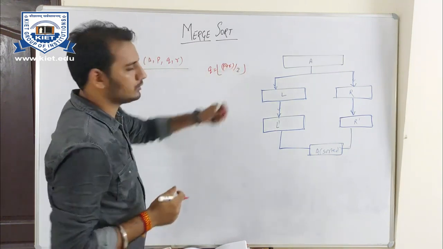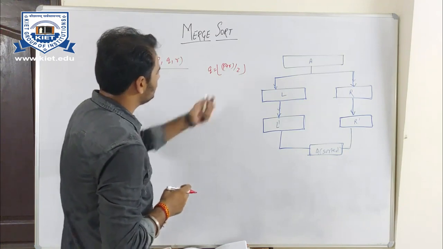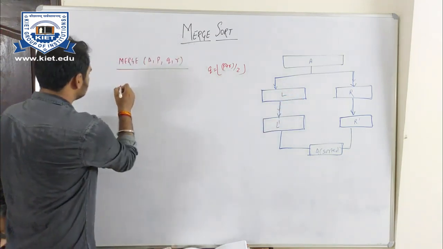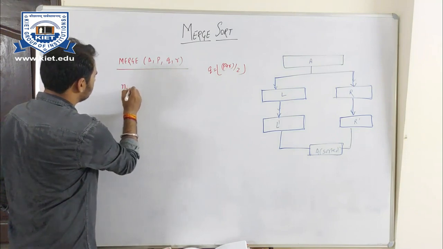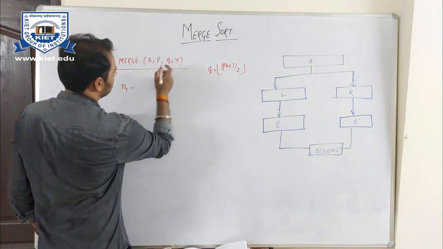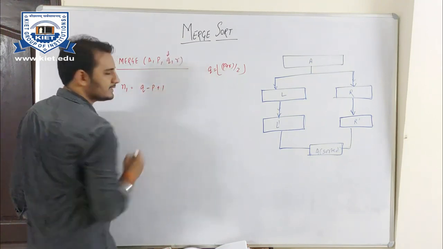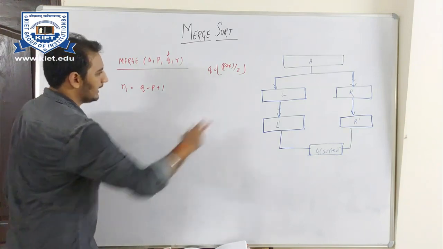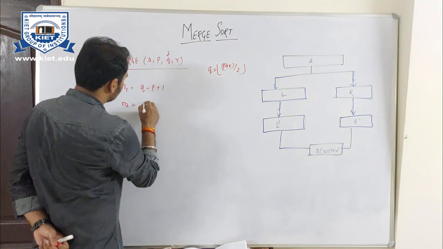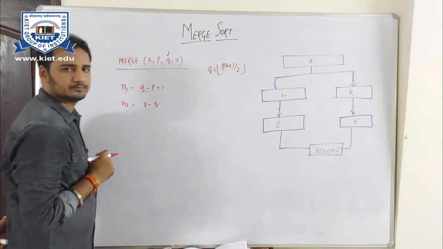Now you have to copy this left array into another array. So let us take that the size of this left array will be q minus p plus 1, and the size of the right array will be r minus q.